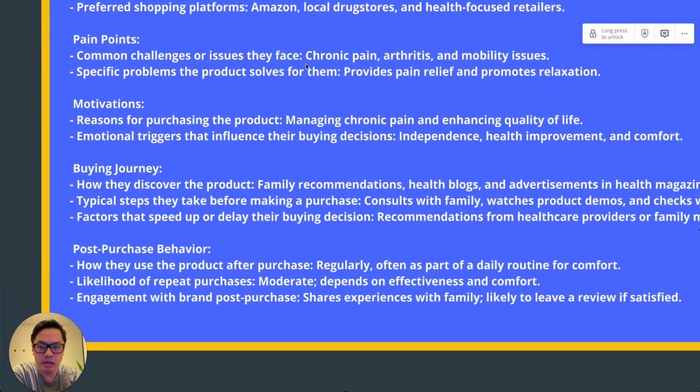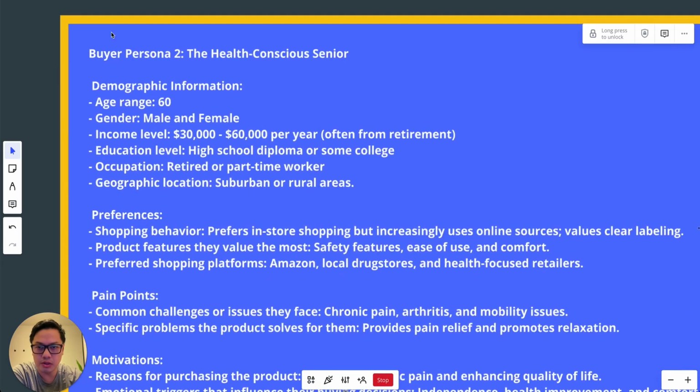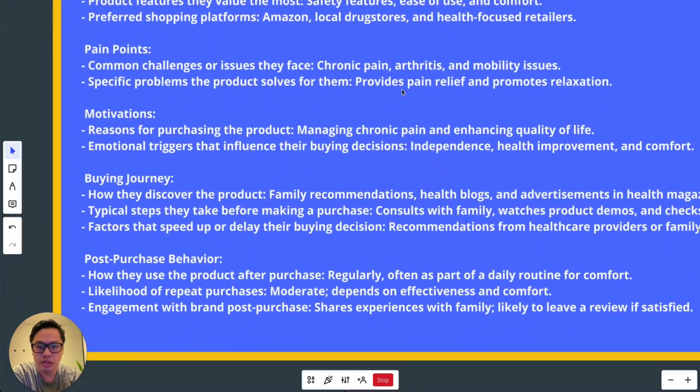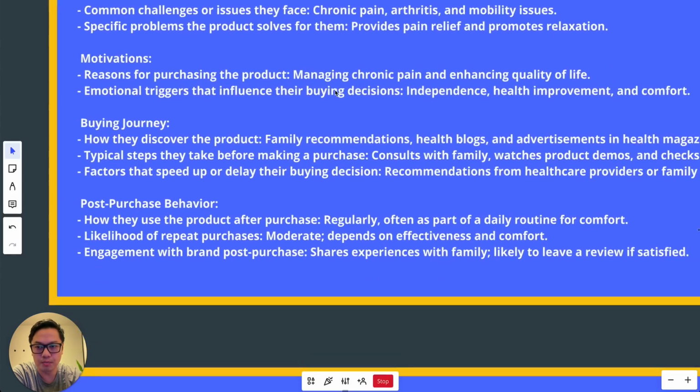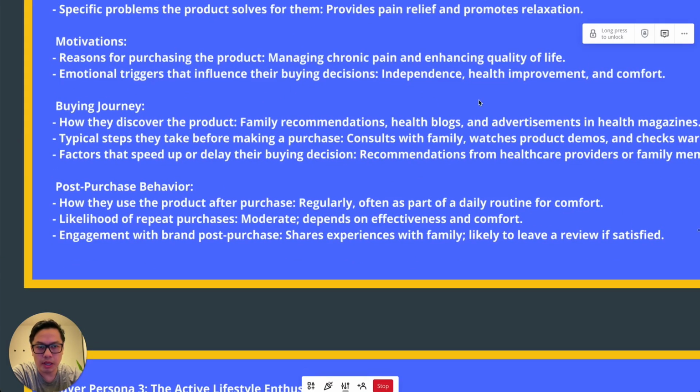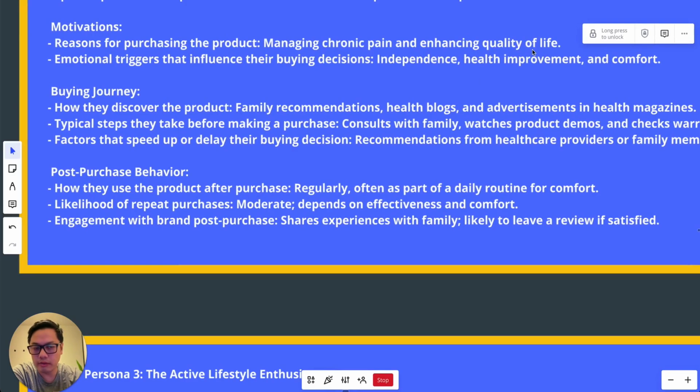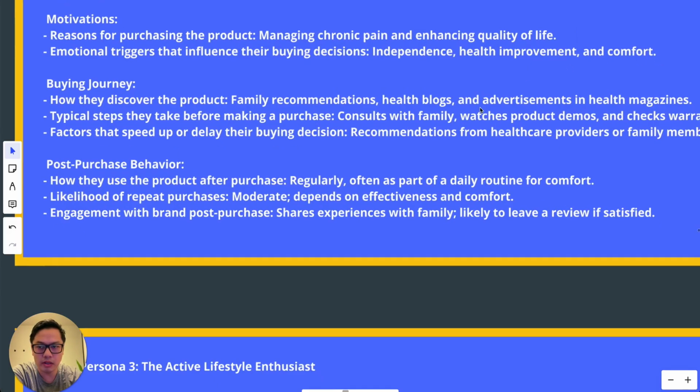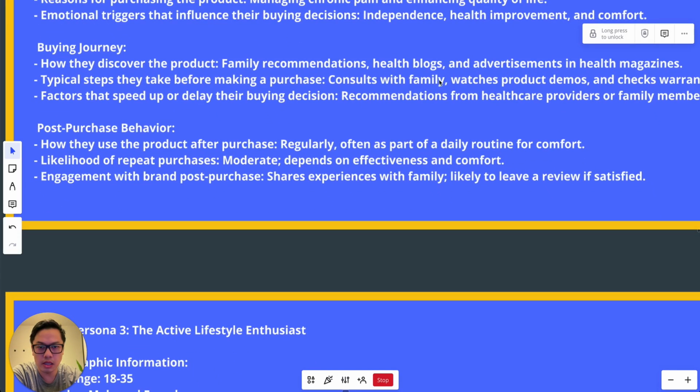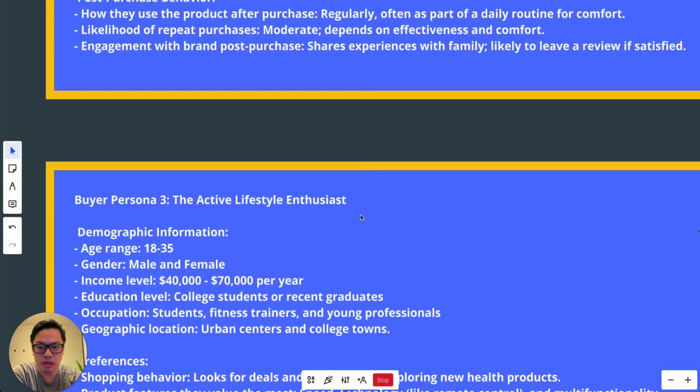These pain points, I do want to call these out, because if I call chronic pain, arthritis, and mobility issues out, I will be speaking to this user. So these would be trigger words for this particular customer avatar. Okay, so yeah, chronic pain, enhancing quality of life. Quality of life would be a really good call out. Independence, health improvement, and comfort. Yeah. And nothing else that stands out here.